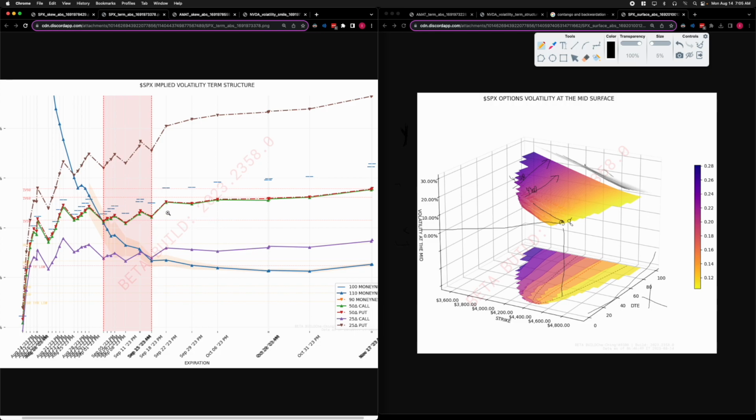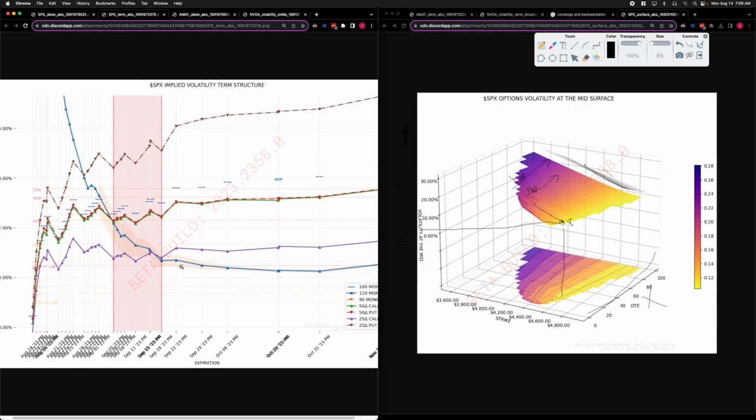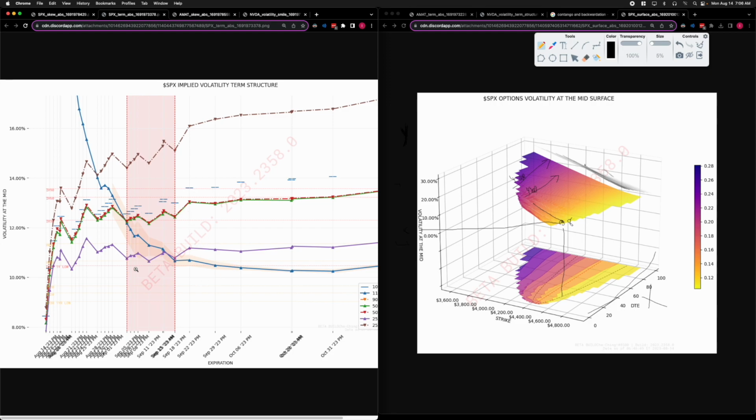So for those of you that aren't aware, even though the VIX is its separate instrument, and you can buy options on the VIX, technically the VIX is a derivative of derivatives. So it is calculated using, and I think it is, the 25 delta. It is the implied volatility of the 25 delta puts and 25 delta calls from the SPX within this particular expiration range, which I think is somewhere between 20 and 30 days.